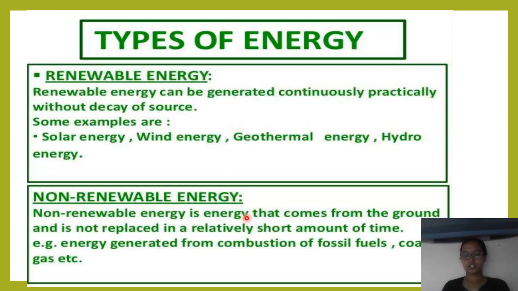And what is non-renewable energy? It is energy that comes from the ground and cannot be replaced in a relatively short amount of time, for example energy generated from combustion of fossil fuels, coal, gas and so on. These are the differences between renewable and non-renewable energy, and these two are the energy sources.